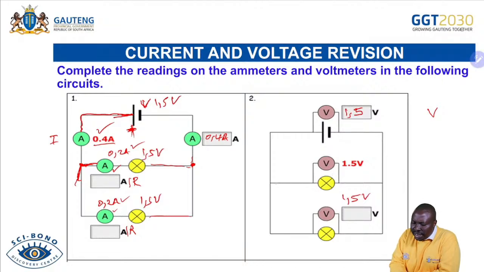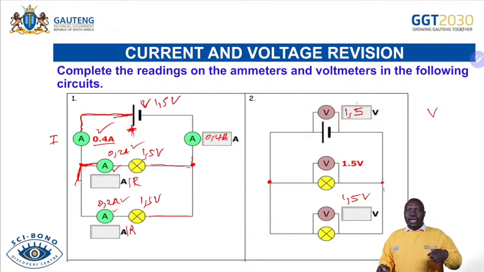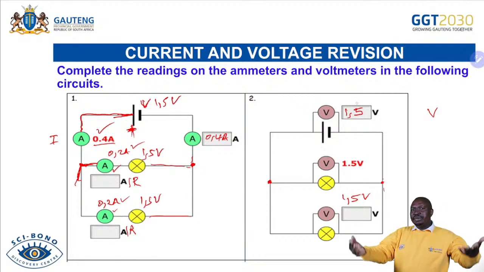No, we're simply saying that they are getting their voltage from the same source. You can see through the connection, this one is connected here, and this one is connected here. So all of them are reading the same 1,5 voltage. Don't look at it as if we're having a 1,5 voltage and another one, then you will start to think that it must be 3 volts.